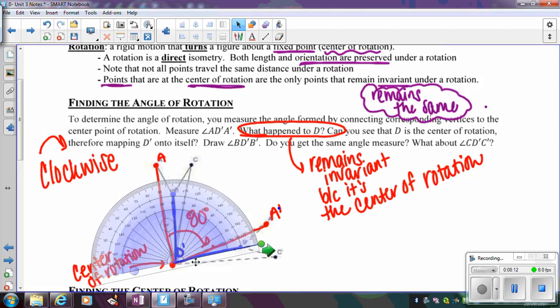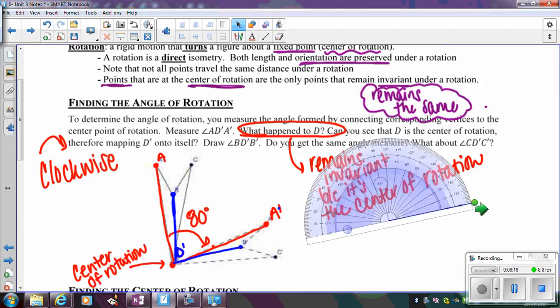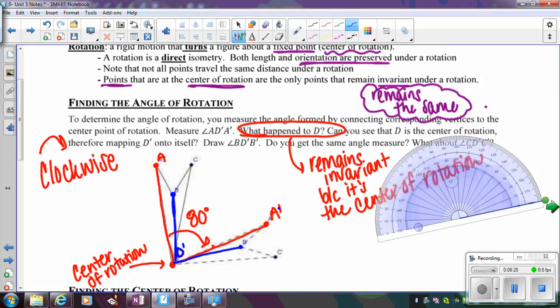Okay, so if you need to, extend those out. So anyways, I go from the center, so starting at 0, again, I see that it's about 80. Again, I'm approximating, but I'm seeing 80 degrees. And again, clockwise rotation because I'm going from B to B prime in a clockwise rotation.